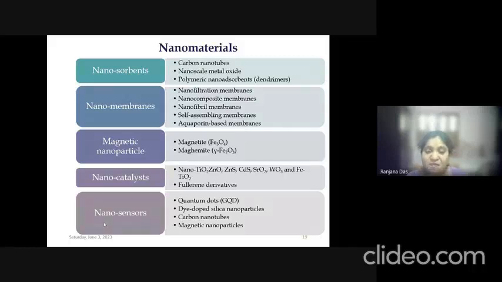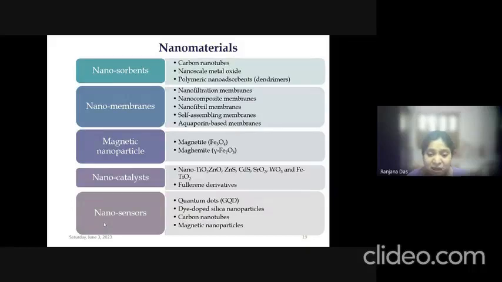Magnetic nanoparticle, in the magnetic nanoparticle, we have magnetite and maghemite. The zero valent iron is also there in the magnetic nanoparticle, and that is also in the category, but it is not mentioned here. I'm coming to that later.